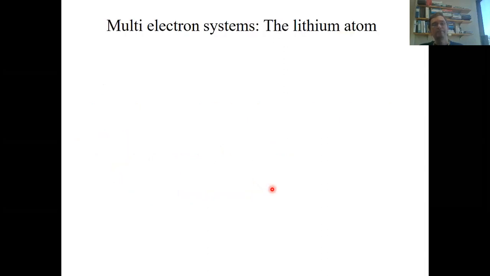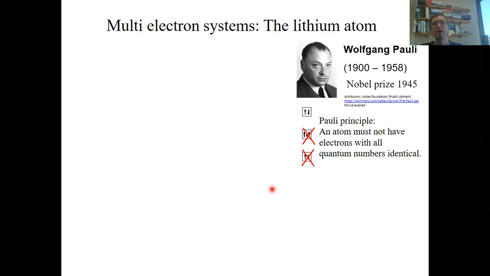Okay, now let us move over from the helium atom to the lithium atom. So when we look at the lithium atom, we have to take the Pauli principle into account, which says that an atom must not have electrons with all quantum numbers being identical.